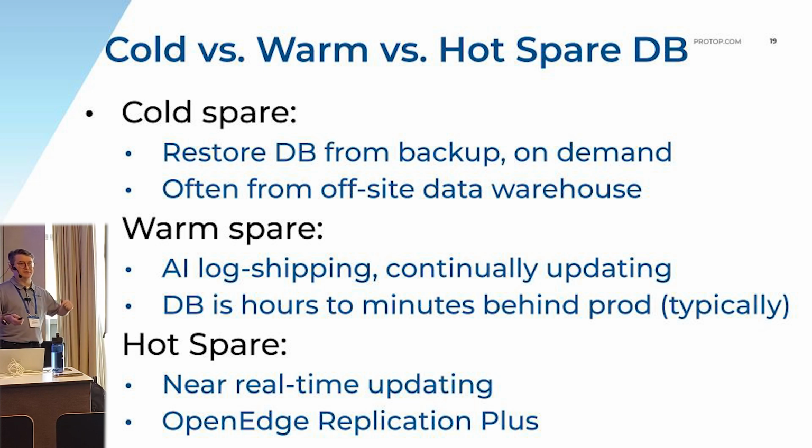You're also going to copy them over to your safe location, and then you can apply those on an ongoing basis to the warm spare database. So it's being continually brought up to date, one file at a time. So if you're switching files every 15 minutes, for example, then every 15 minutes you apply a new file that applies 15 minutes worth of database changes and brings that database more and more up to date.